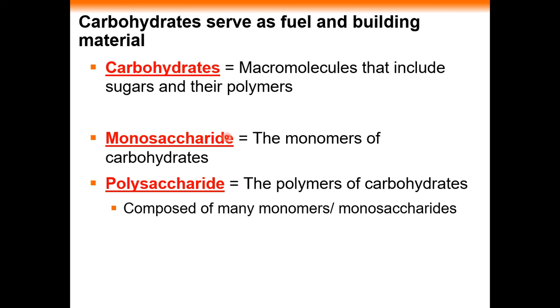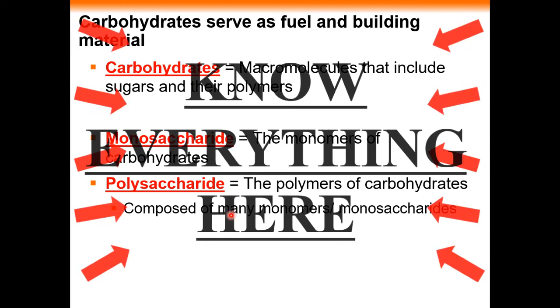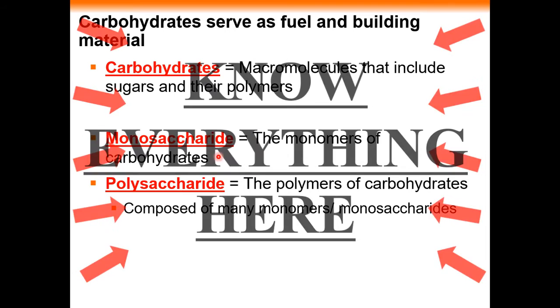You then put a bunch of monosaccharides together to make a polysaccharide. So whenever you think of saccharide, you want to think of sugar. Monosaccharide is one individual sugar piece, and then you put them together, and then you form a long carbohydrate, right? That's really important. You need to make sure for these you know what the monomers and the polymers are called.